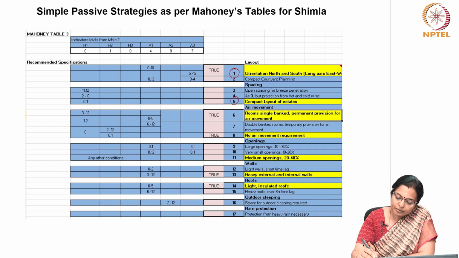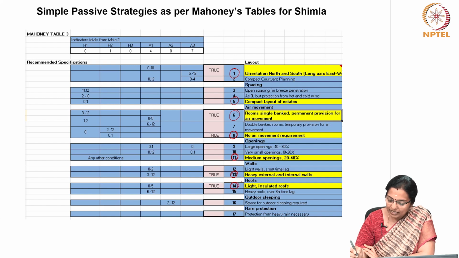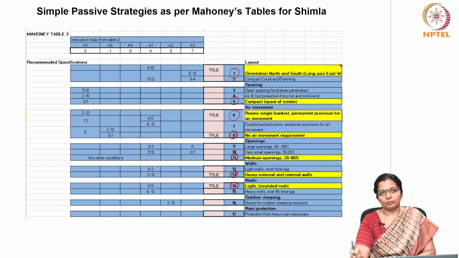The building must be compact layout. The rooms must be single banked with permanent provision for air movement, though actually air movement is not required. Openings should be medium in size. Heavy external and internal walls must be used, and the roof must be light and insulated.